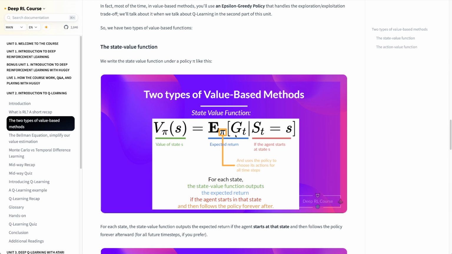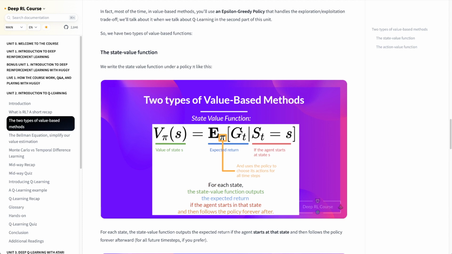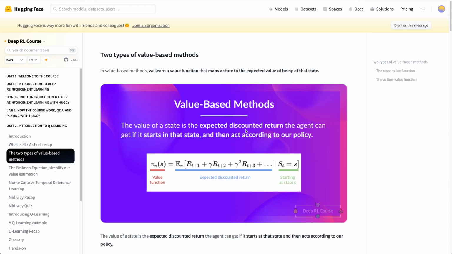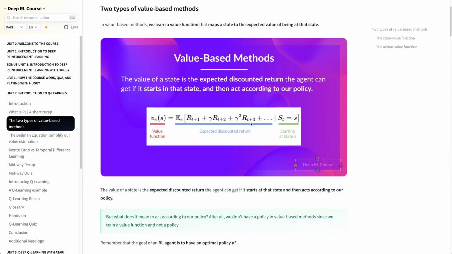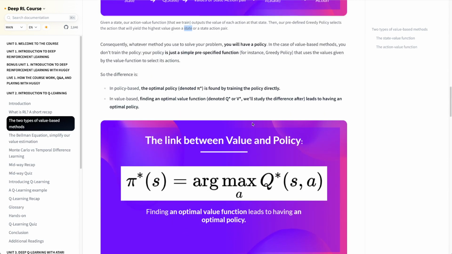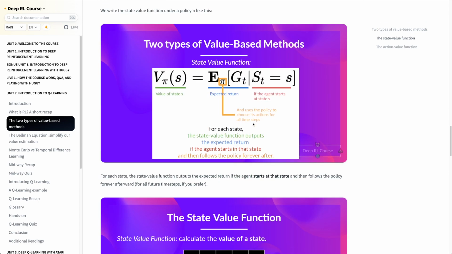And yeah, this G is the expected return, the cumulative expected return from above. I'll have to double check that.